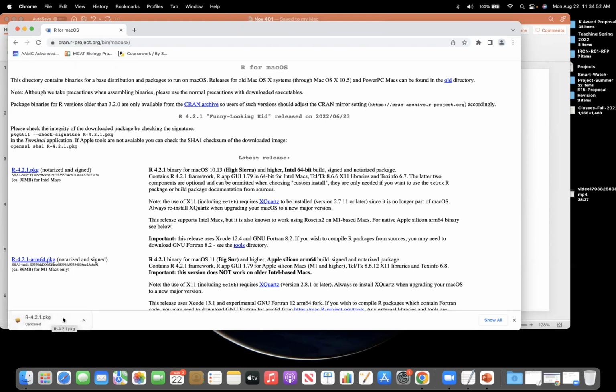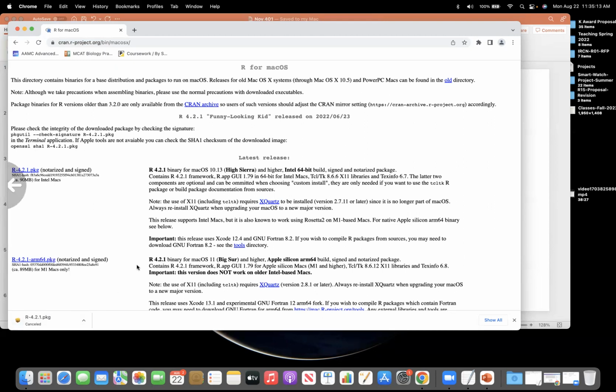Default, don't change any options for installation. Just select next, get all the standard default options, and finally it should be installed in probably a couple of minutes. You should have it installed on your Mac.